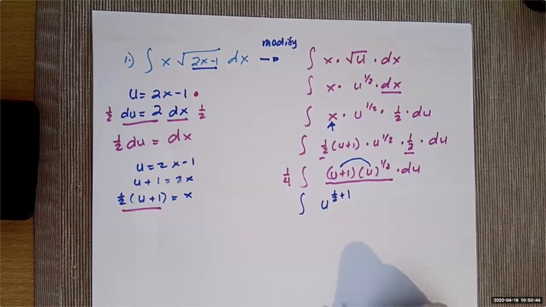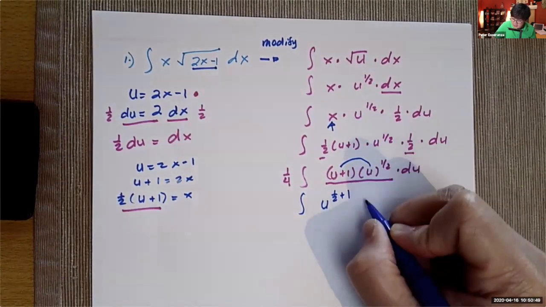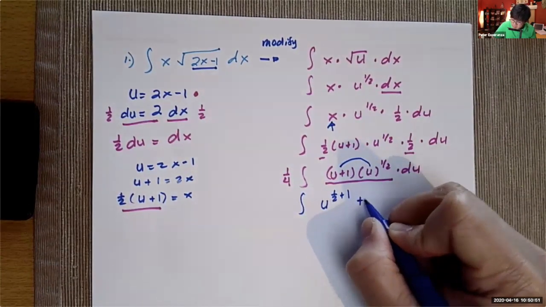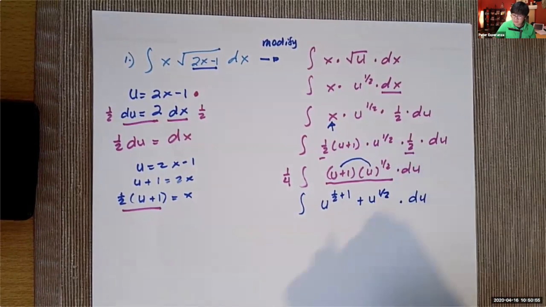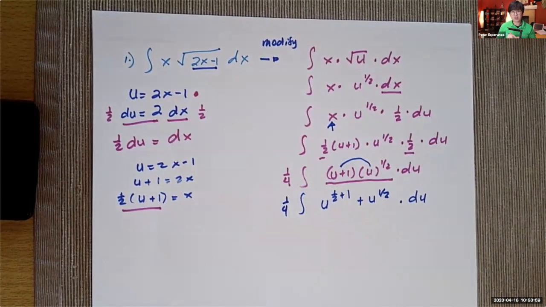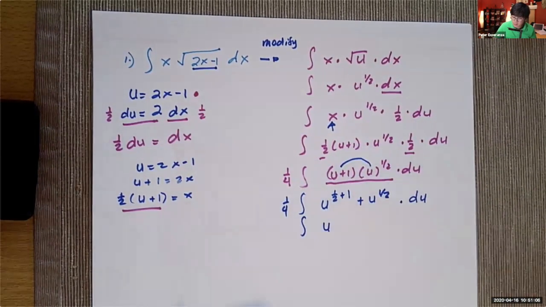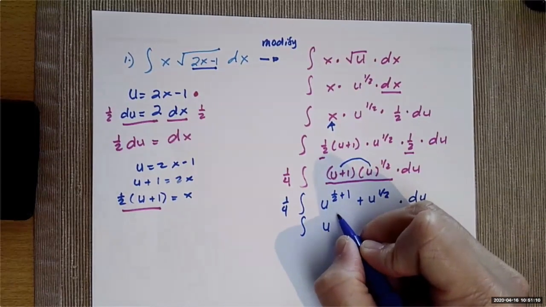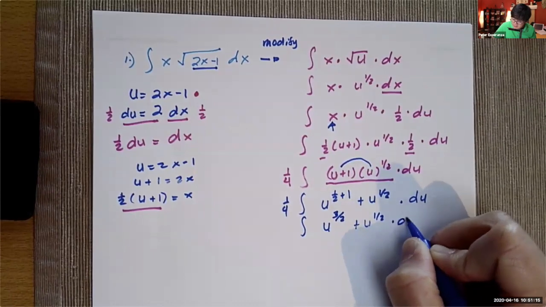Okay, law of exponents: you add exponents when you're multiplying, and this one will turn into positive u to the 1/2, du. And of course, don't forget your 1/4. Constant rule: ignore the constants and just deal with the functions later on. And now we have the integral of u to the, what is 1/2 plus 1? 3/2. So u to the 3/2 plus u to the 1/2 du.